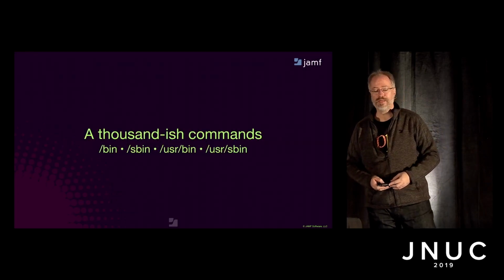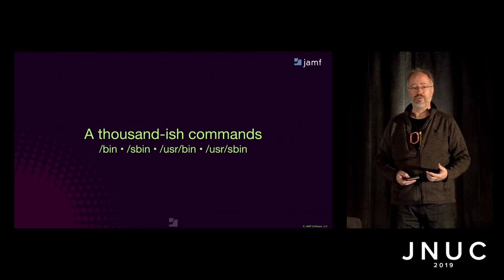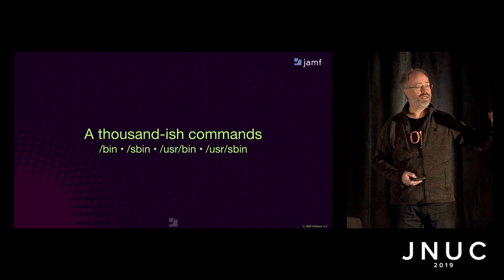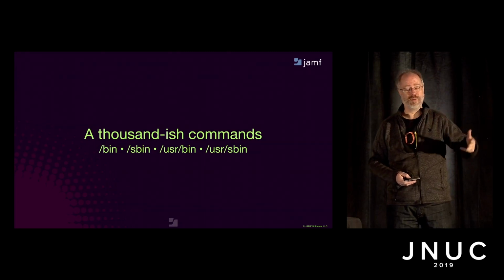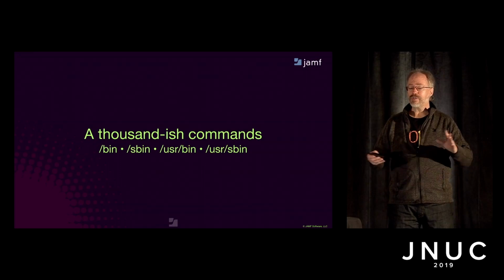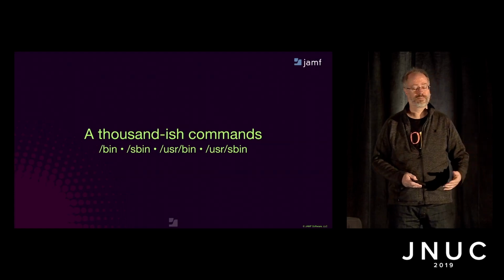Every command is a binary file that lives somewhere in one of those hidden directories that I just showed you: the bin, the sbin, and then the usr bin and the usr sbin. They behave almost like apps in your Applications folder, and you simply invoke them through the terminal. They run and then they stop.